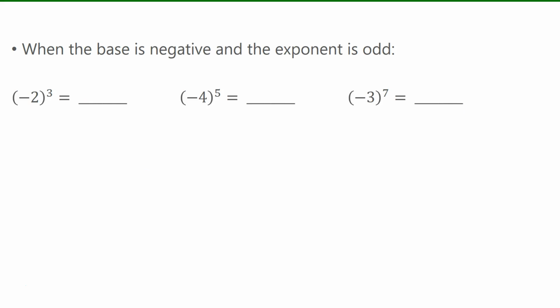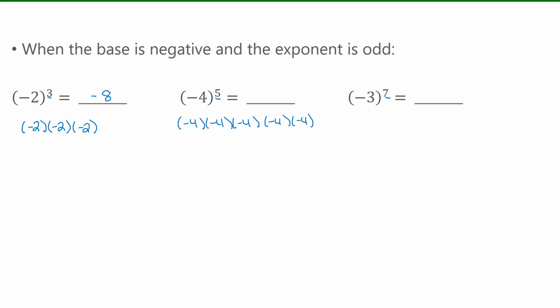Now let's look at the case where we have a negative base but odd exponents. So negative 2 cubed means I've got to multiply negative 2 by itself 3 times. Now if I work this out, negative 2 times negative 2 is a positive 4, and 4 times a negative 2 is a negative 8. Now negative 4 multiplied by itself 5 times.